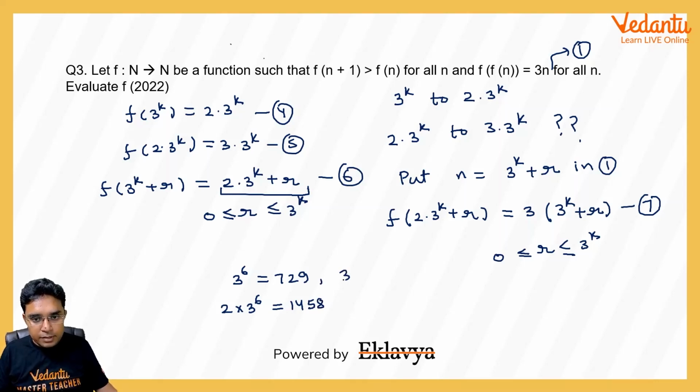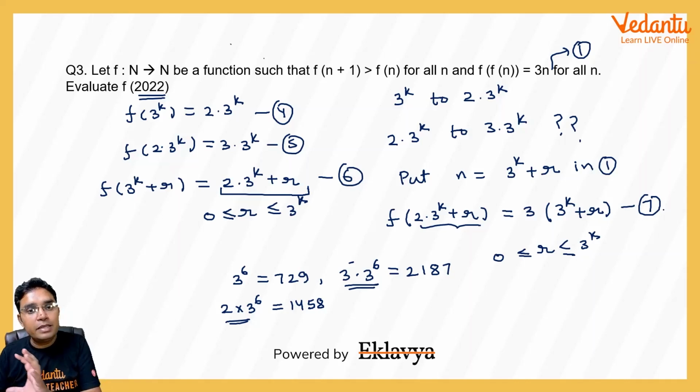And 3 power 7, or let me write 3 into 3 power 6, is 2187. So definitely 2022 is going to lie between 2 into 3 power 6 and 3 into 3 power 6. That is, it will be given by equation number 7.